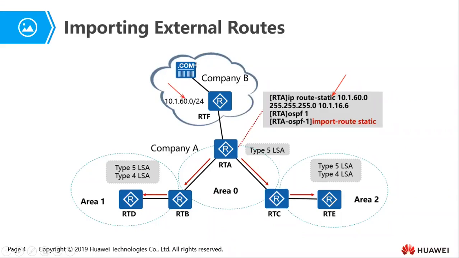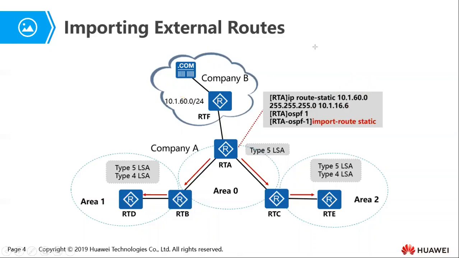That network is where the server resides. The command is ip route-static, then the network address, then the mask, then the next hop. If you want to go to this network, you need to send that packet to this interface. So that's the next hop.